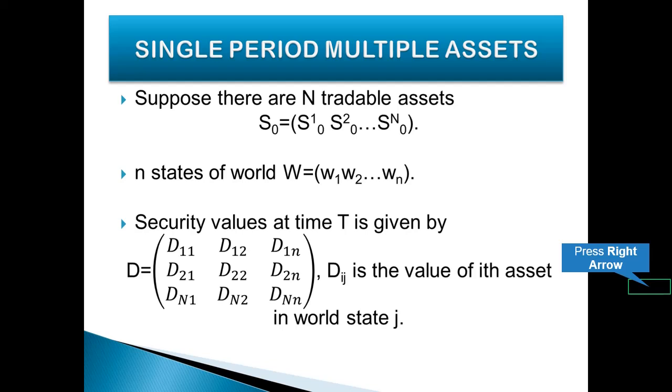Similarly, for S10 and state of the world w2, we have D12 and so on. So basically Dij is the value of the ith asset in world state j. D12 is S10 at the state of the world w2. D21 is S20, the valuation at the state of the world w1.